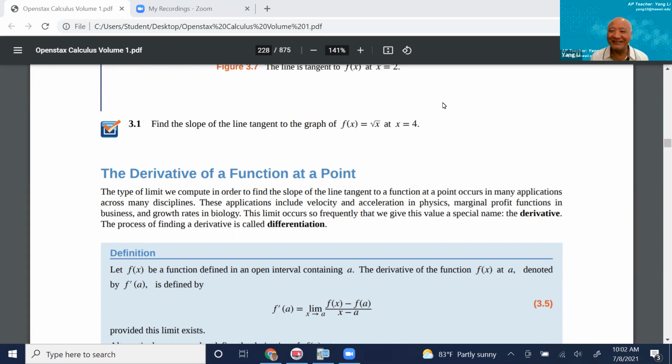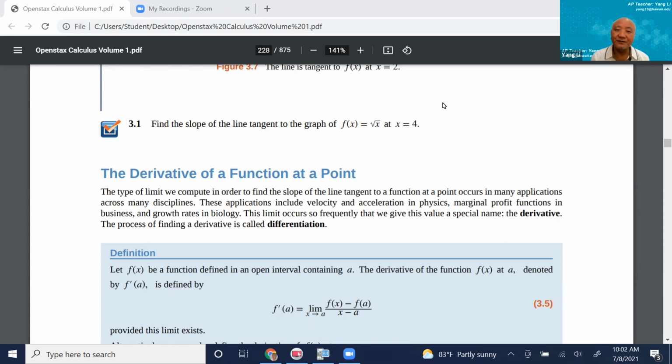I'm your AP teacher. And last lesson we talked about finding the slope of the tangent line and also finding the equation of the tangent line, right? And we showed several examples.